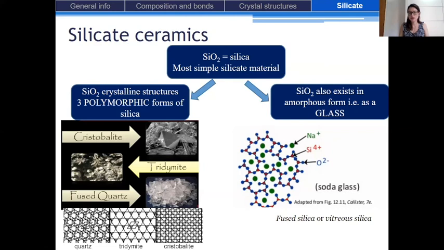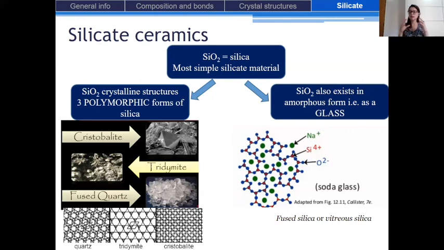So silica is found in crystalline form and amorphous form. Dealing with crystalline structure, we find 3 polymorphic forms of silica, which are cristobalite, tridymite, and fused quartz. All of them present different arrangements of tetrahedrons.